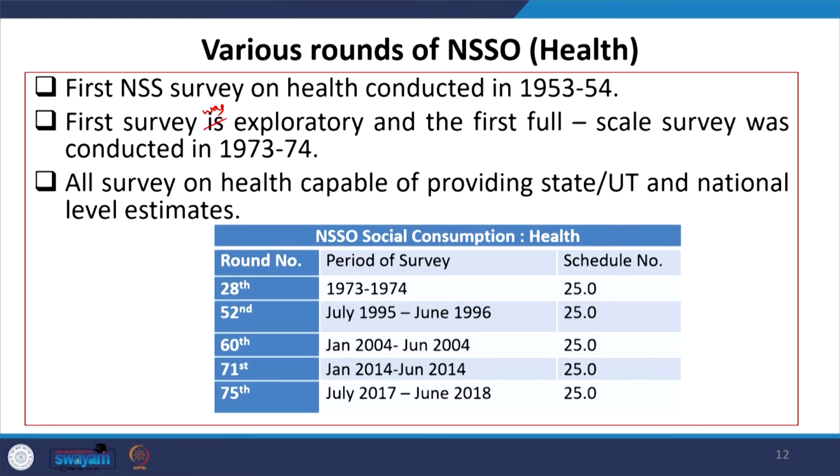These are like the 20th round, the full-fledged scale data was in the year 1973-74, and the schedule number remains as 25. And then the 52nd round conducted in 1995-96, and the 60th round in 2004, from January to June.